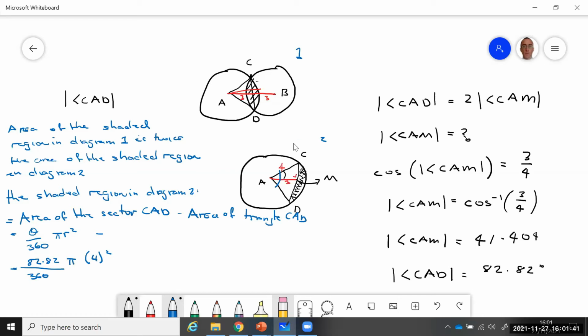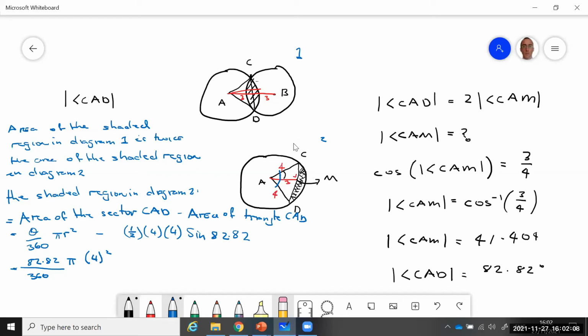Now, the area of the triangle CAD: the area of any triangle is a half a side by the side by the sine of the angle in between them. So that equals a half by 4 by 4 by the sine of the angle in between them. And again, the question said hence, so we have to use the angle that we just found, the 82.82.